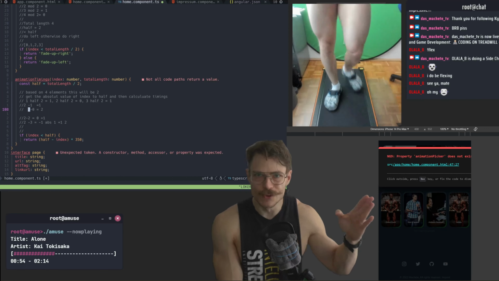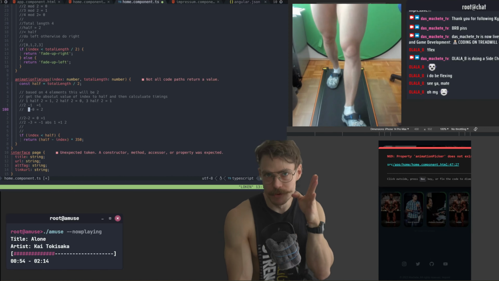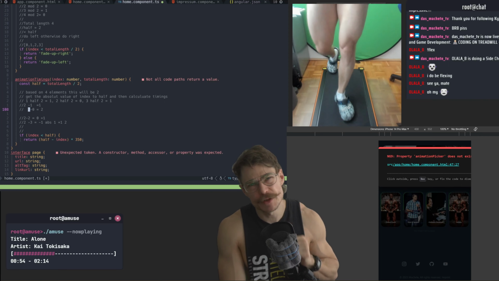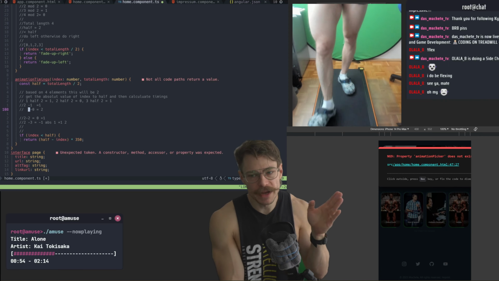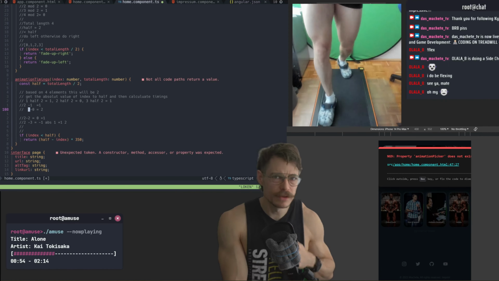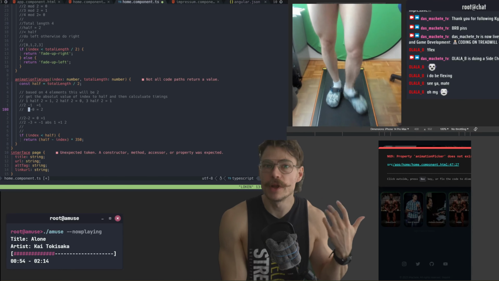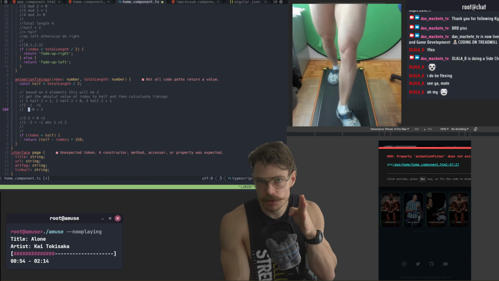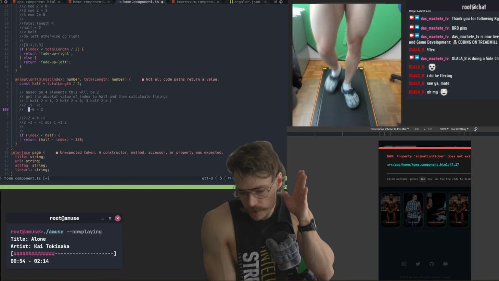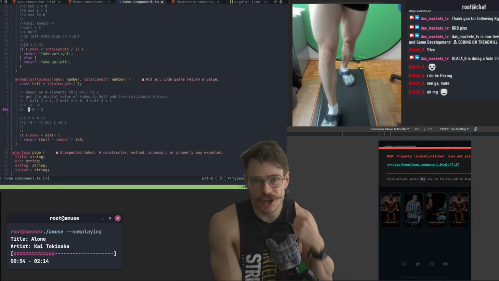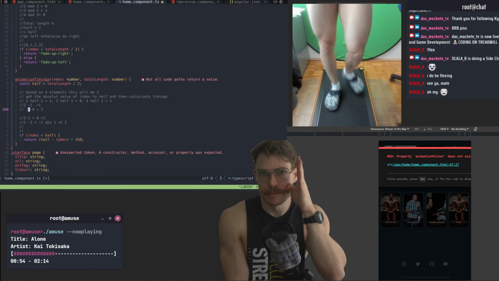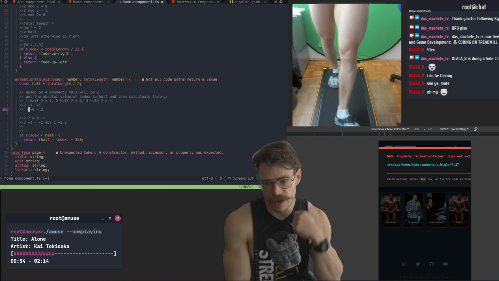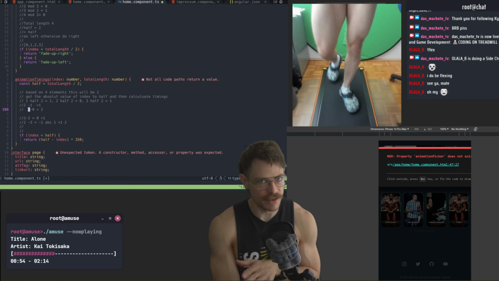Then 2 minus 1, because we're moving closer to the half and this element should be faster, is 1, and 1 times 350 is 350. So this element will be double the speed of the other one, because now we have the timings 350 and 700. Okay, good to go. Left part is done.